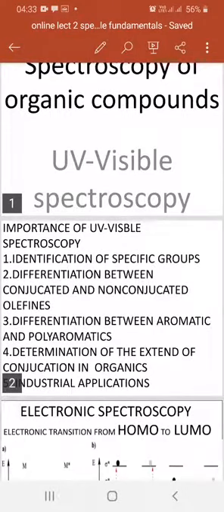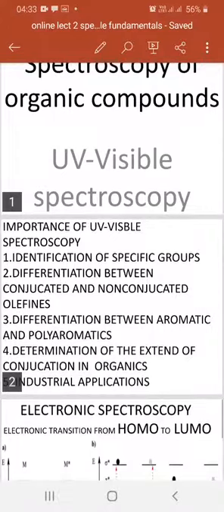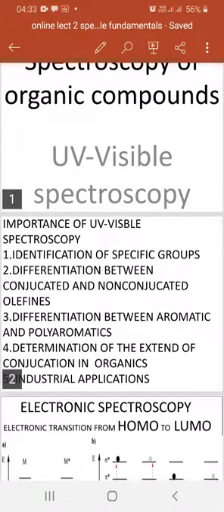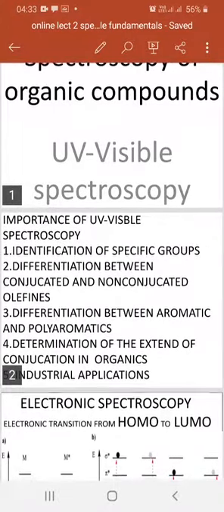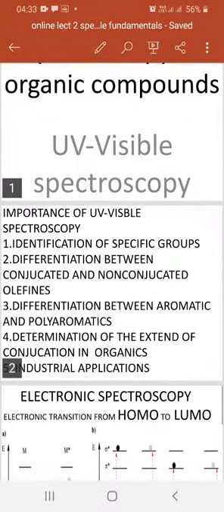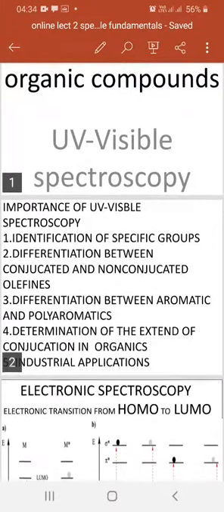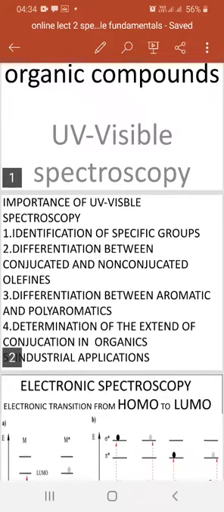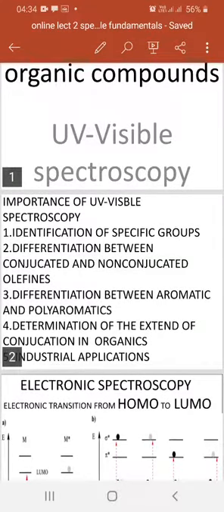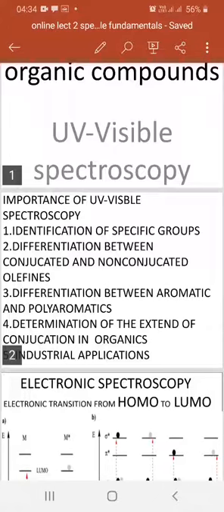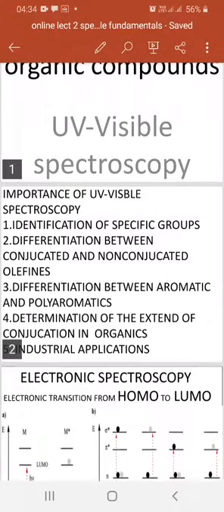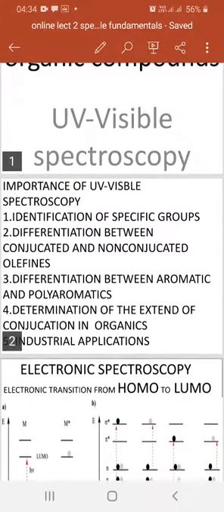You can confirm the presence of a carbon-carbon double bond, a carbonyl group, an aromatic ring, an azo group, that is nitrogen double bond, an azo group in the case of dyes. So all these groups can be confirmed if they are present in the organic molecule using UV visible spectroscopy.